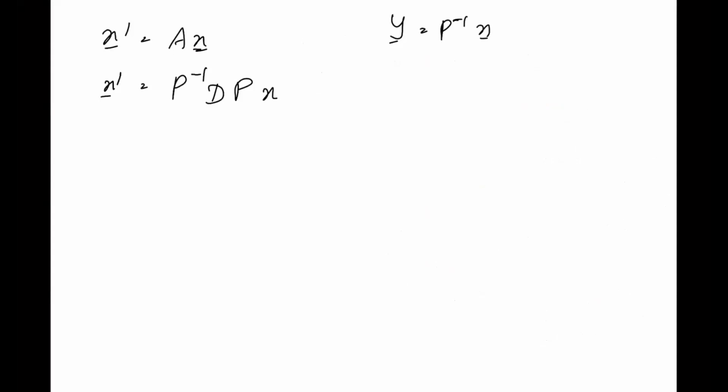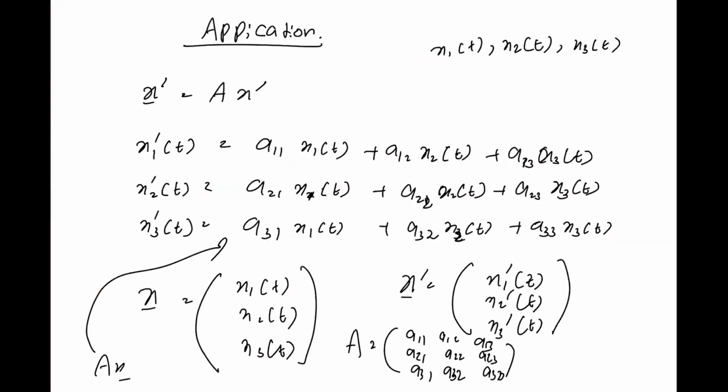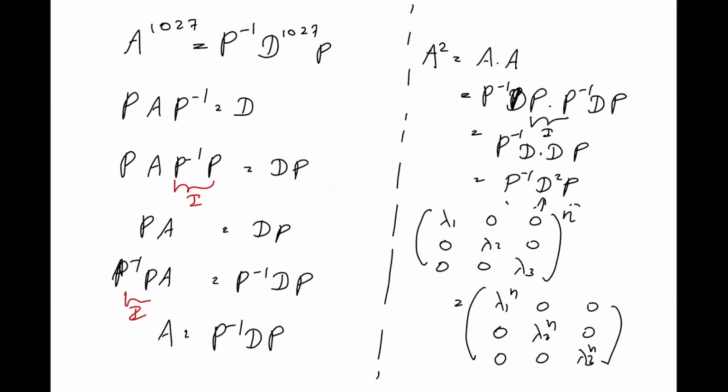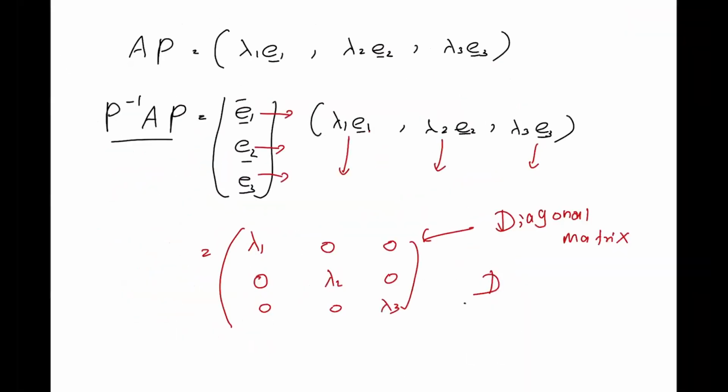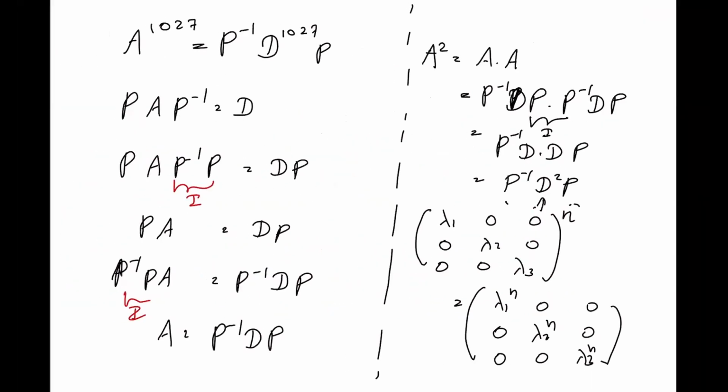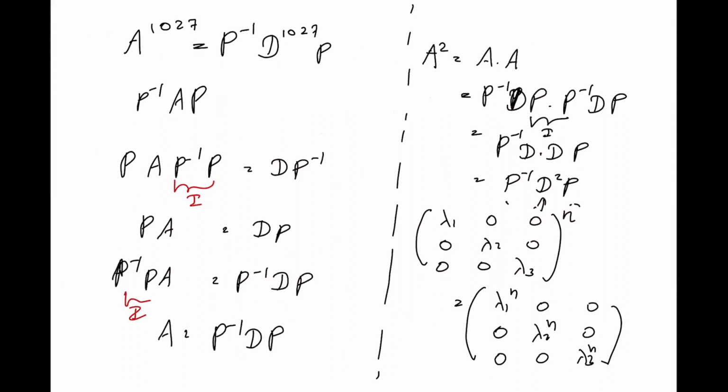I think I messed up the notation, because I am writing in the wrong order. This is P inverse AP, right? So this should be P inverse AP, otherwise it will be difficult. This should be P inverse, so this should be P. Sorry about my bad.